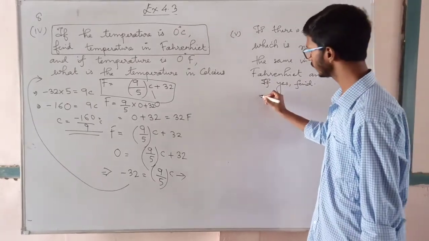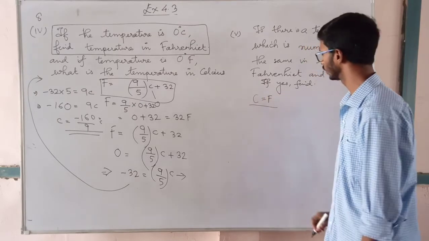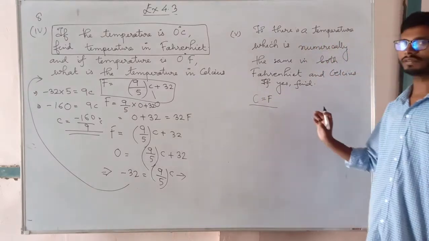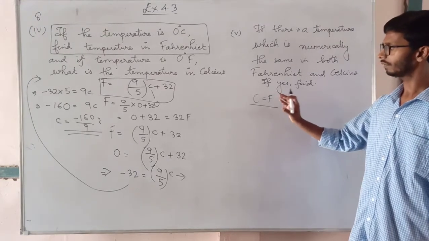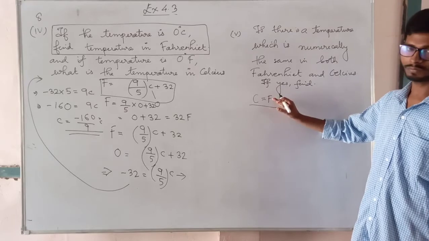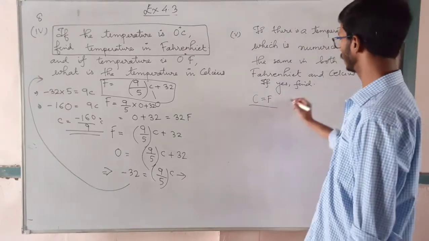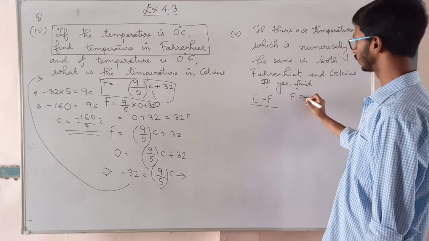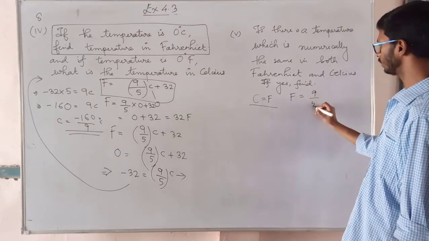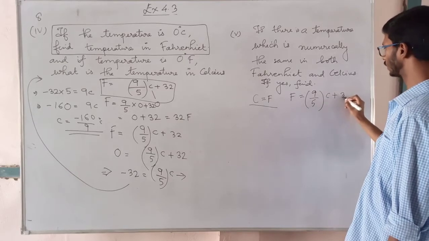So in this case, C and F both are equal. So is there any value of C which is same as F, or value of F which is same as C? So we have to find. So we'll have the same formula, F equal to 9 by 5 into C plus 32.